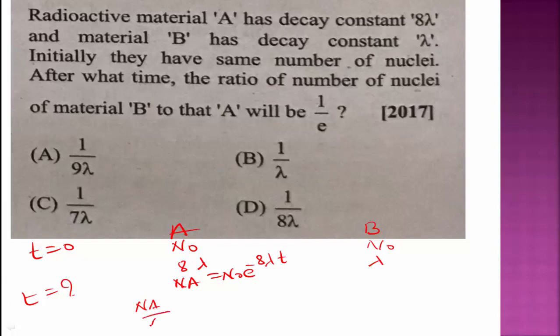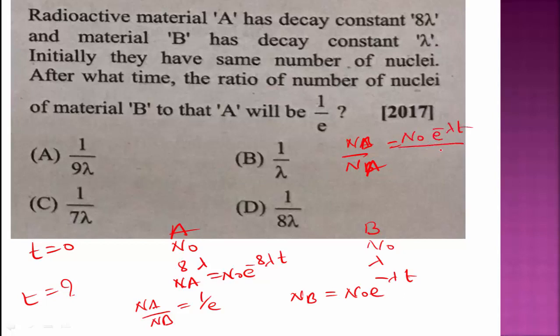Therefore Na divided by Nb is equal to 1 by e, and Nb is equal to N0 e to the power of minus lambda into t. The ratio of Na divided by Nb is equal to N naught e to the power of minus 8 lambda into t divided by N naught e to the power of minus lambda into t.